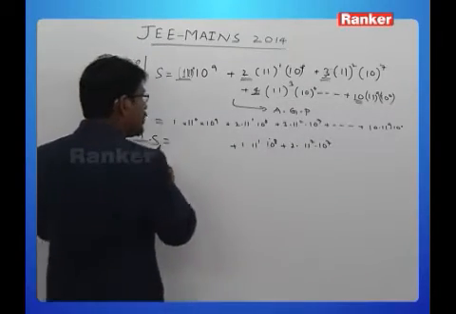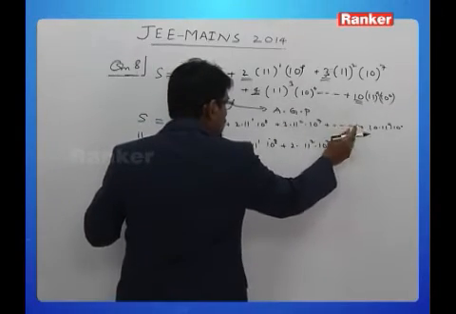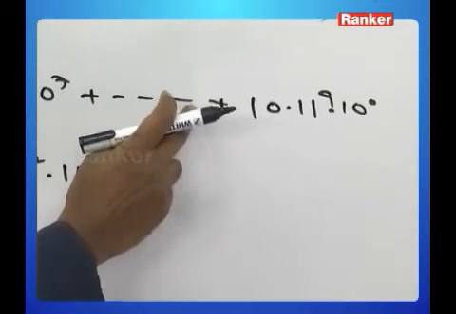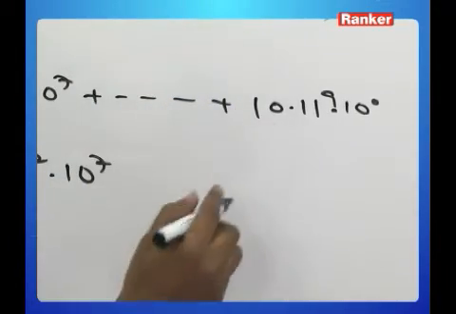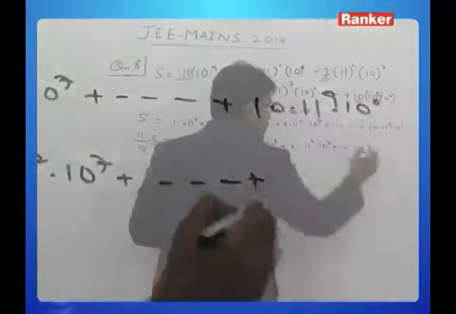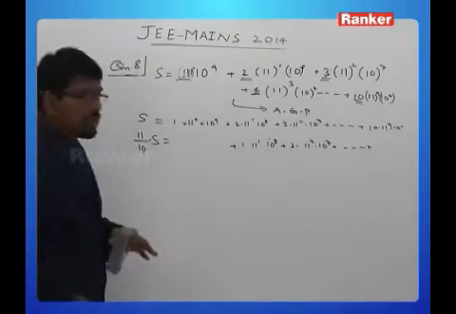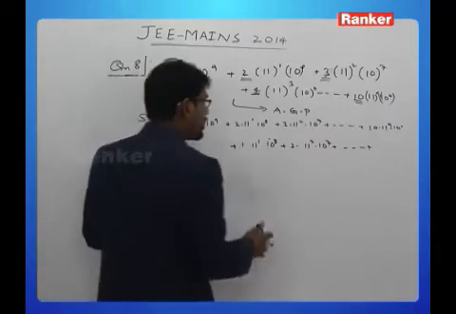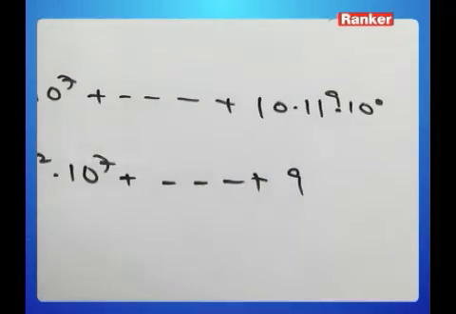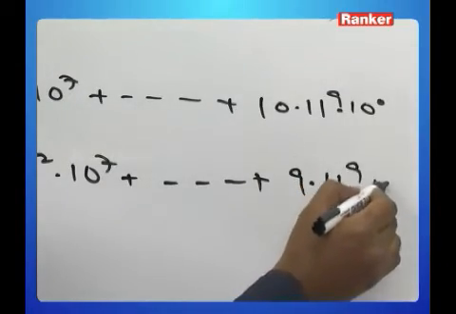So this term, when I multiply with the term previous to the last term, I am going to get it underneath the last term now. I am shifting and writing. Shift by one term and write it. So what will you get? The coefficient will be 9 into 11 power 9 into 10 power 0.